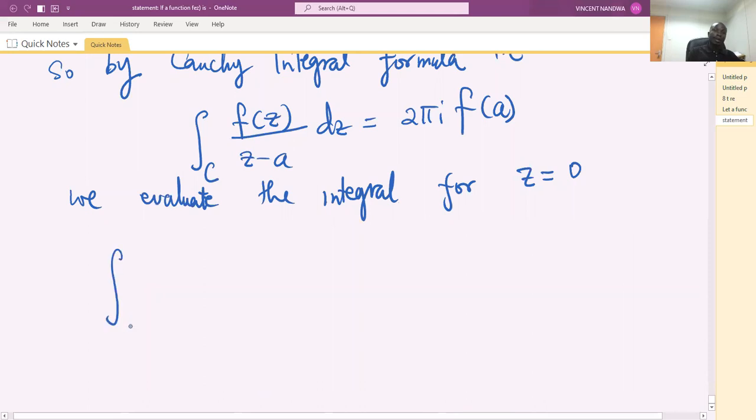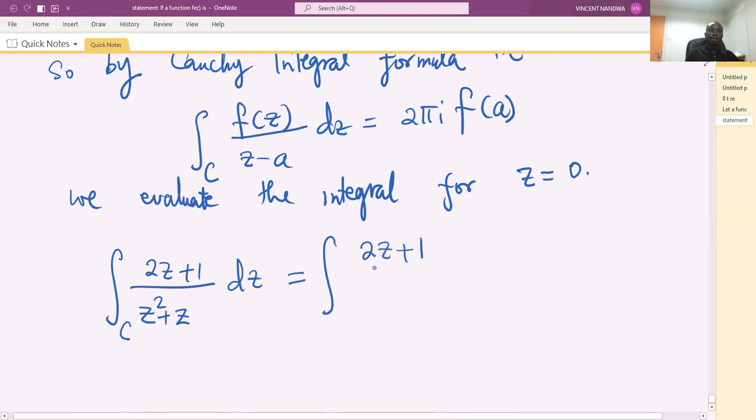So the integral along C, and then our function was 2z plus 1 over z squared plus z dz, can be written as the integral of 2z plus 1 over z into z plus 1 dz. So our interest, because the only pole which is within the circle specified is z equals 0, we expect this denominator to only have a z value.